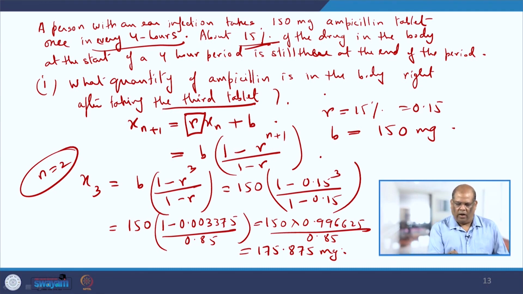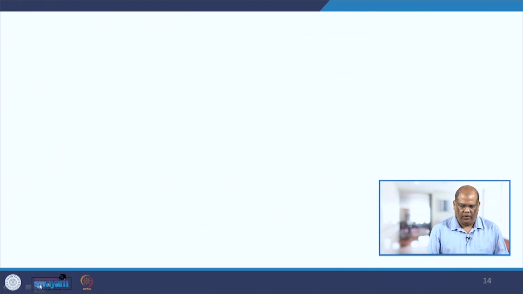So, the amount of ampicillin in the body right after taking the third tablet is 175.875 mg.